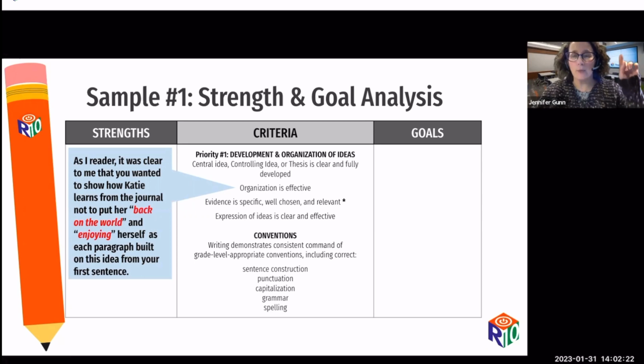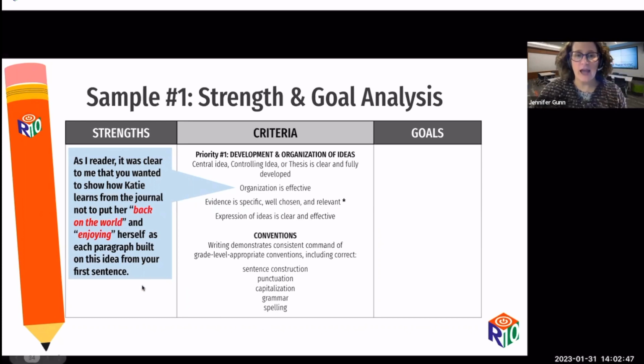Note how I am quoting the student's specific writing in the feedback that I am providing to them. And I am listing a strength that is going to help continue to make that student a successful writer, because that tendency toward connecting and threading everything together is what we want in organization.